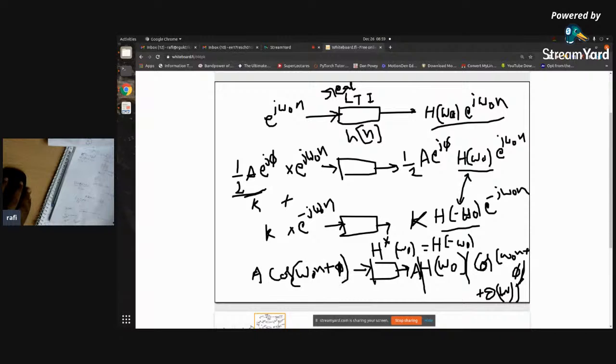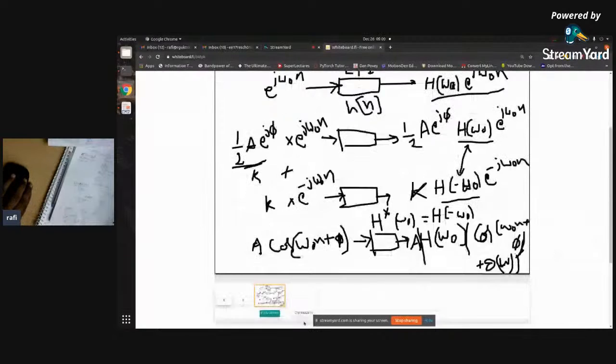So in order to elaborate more, I'll write on another page. So we have two things.